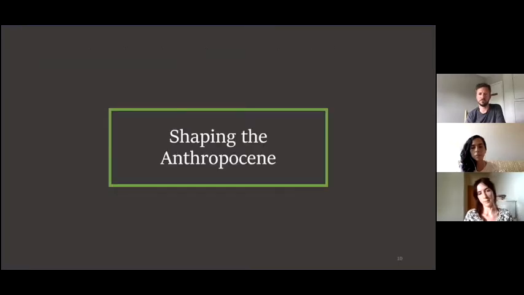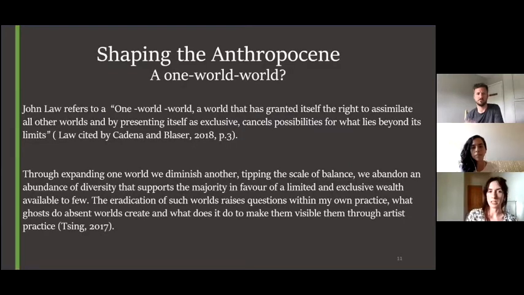shaping the Anthropocene. So John Law refers to a, quote, one world, a world which has granted itself the right to assimilate all other worlds, and by presenting itself as exclusive, cancels possibilities for what lies beyond its limits. Through anthropogenic practices that permeate our exploitation of resource-rich lands, we eradicate a world in which other life exists, beyond extracted wealth.